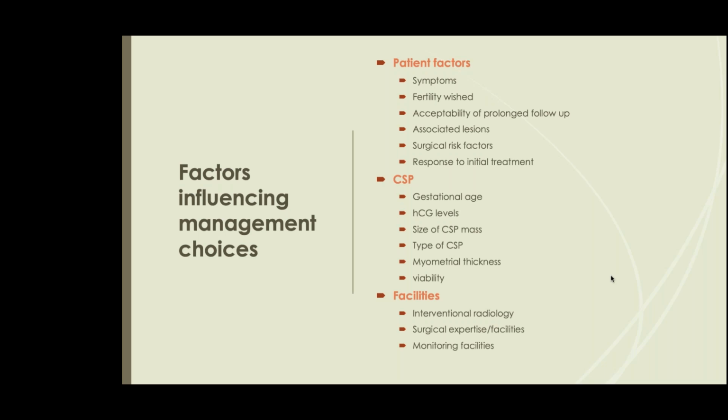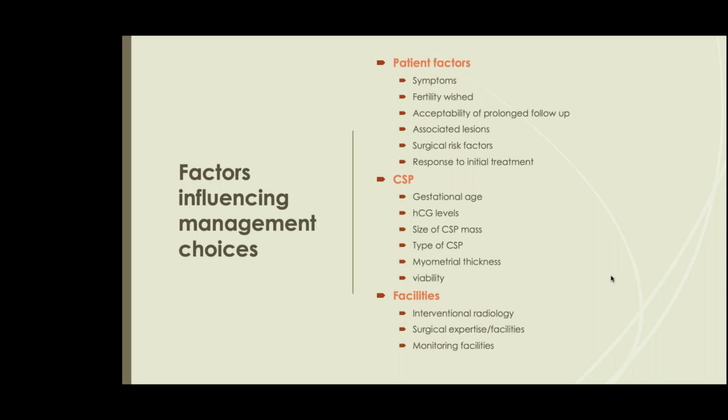If the sac is very early, 5 to 6 weeks, and you're not sure about the viability, and beta HCG is low, treatment will be more successful compared to a beta HCG level of 90,000 at 8 weeks, for example. So the beta HCG level can influence your management choice.